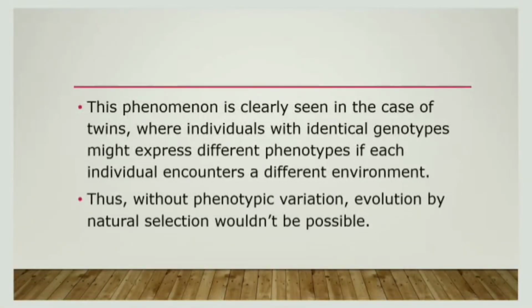What is phenotype? We can explain it very easily by using the example of twins. In the case of twins, we know that they have identical genotype, that is, the genotype is the same. When this same genotype is encountered in different environments, that is, the first twin goes to one environment and the second twin goes to another environment, they too have a different phenotype.